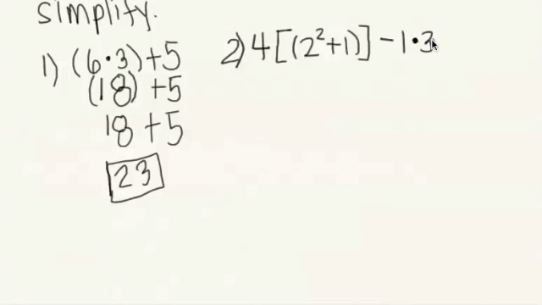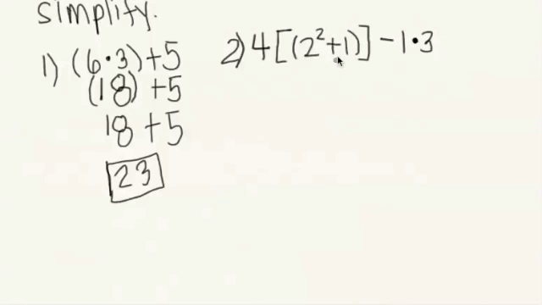Do we see anything that has parentheses? We do, right in here. I threw in these square symbols just to remind you that there are brackets, and if we have brackets, they go first, before the parentheses. Or you can count them as parentheses.